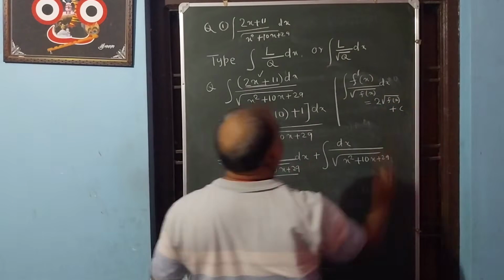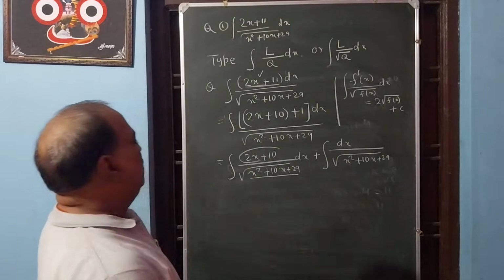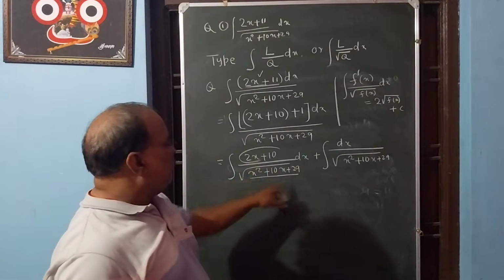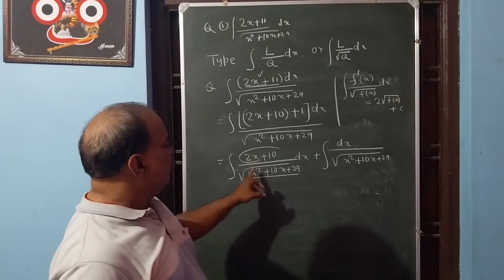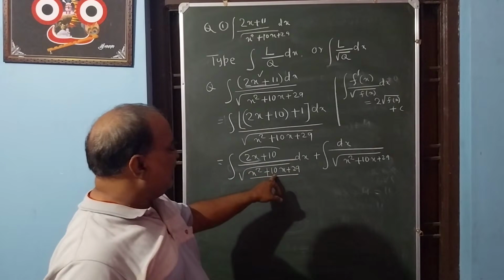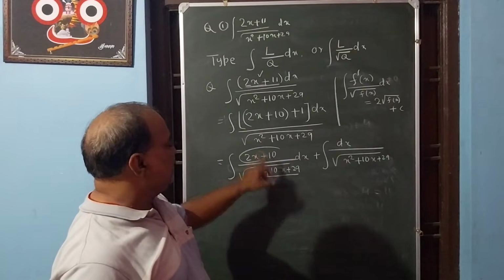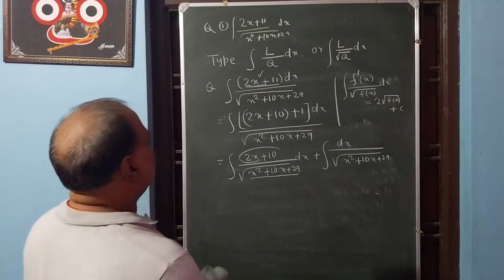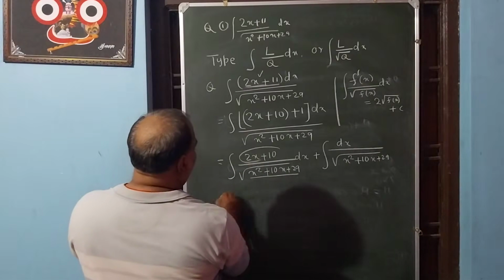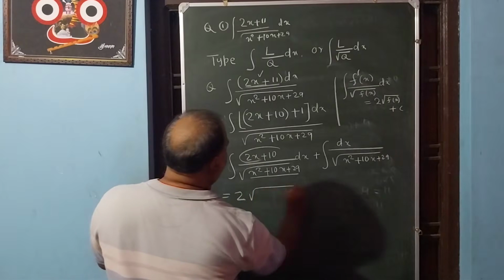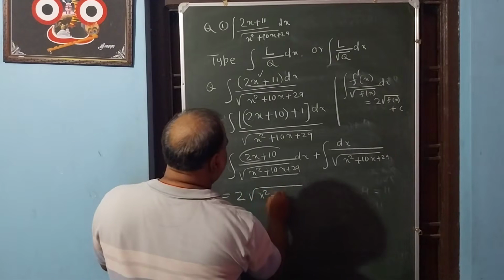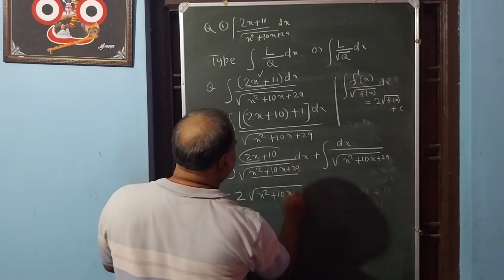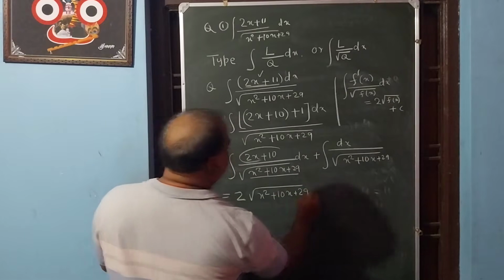That is one formula already discussed. If we choose f x, then the derivative is in the numerator. So the integral becomes 2 root over x square plus 10x plus 29.